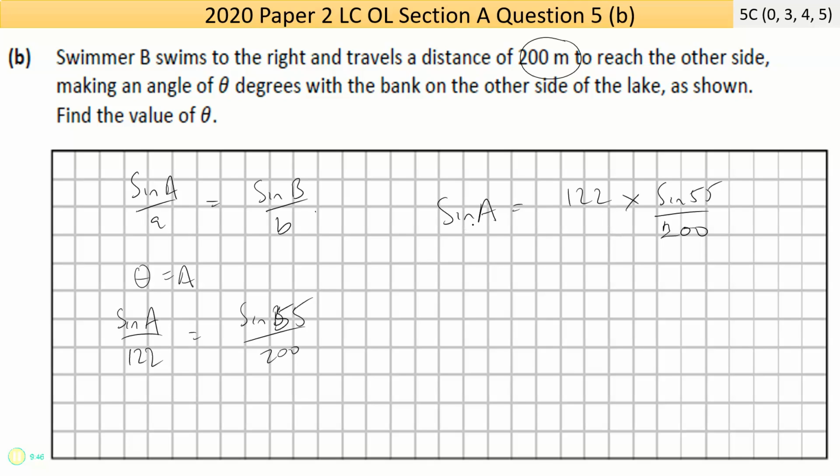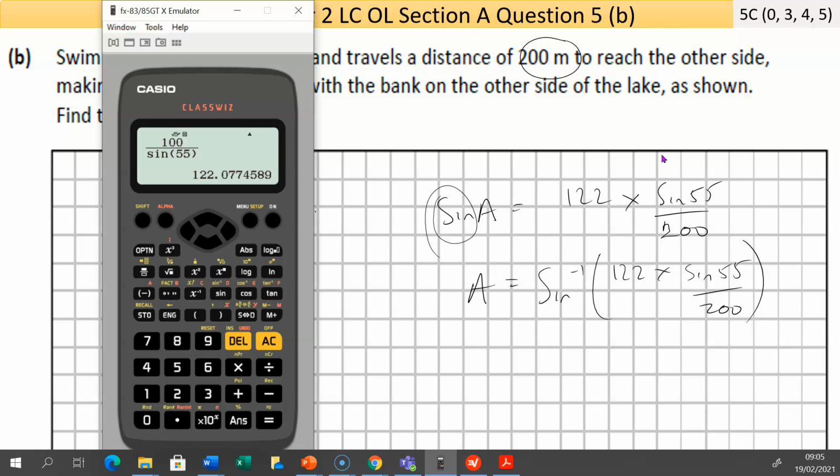Before I do any calculations, and you shouldn't do them until the end in case you have a rounding error, it mightn't matter, but just in case, if I bring the sine across, it's going to become inverse sine on the far side of everything. So I can just copy what I had there. I haven't manipulated it, so it's just a matter of putting it in. That's the calculator's job.